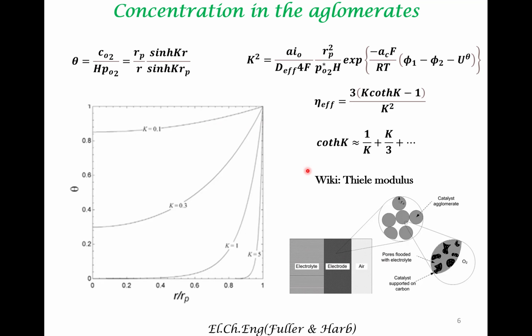For example, for chemical engineers, the Thiele modulus is probably a familiar topic. Just refresh your understanding of the Thiele modulus and come back and relate what we have discussed here to it. A Wikipedia link on the Thiele modulus will give you sufficient clarity.